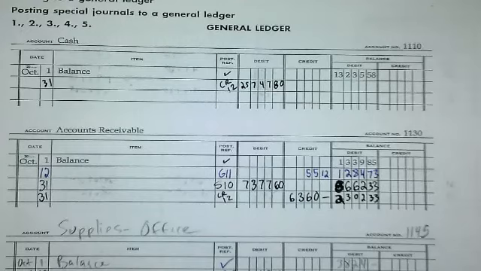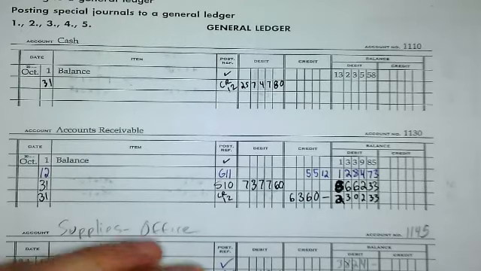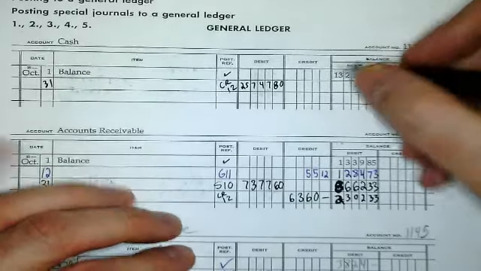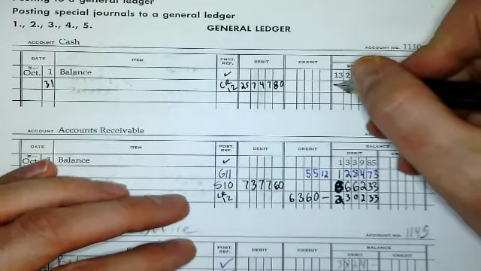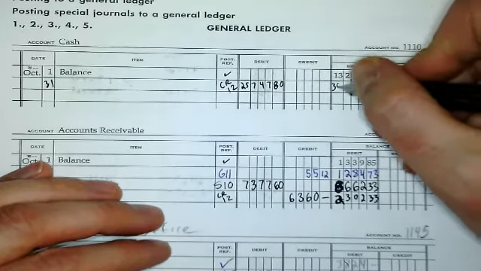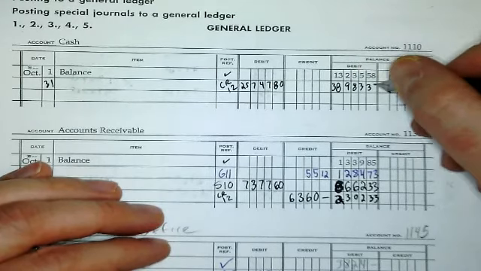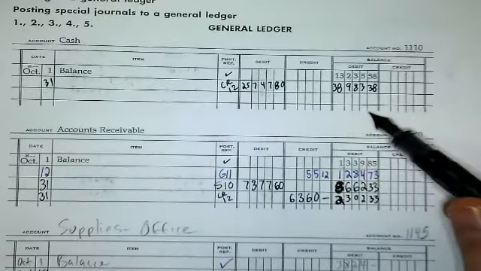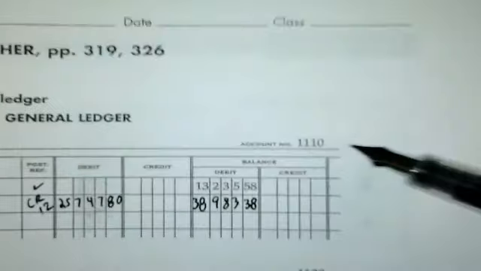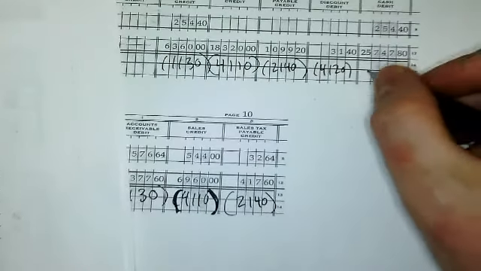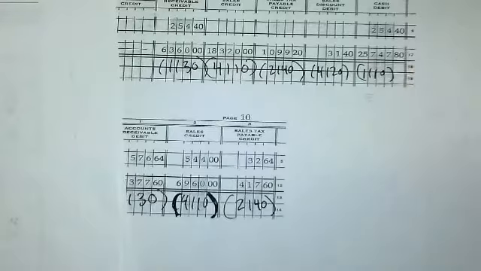When you add those up, you get 38,983.38. Then you post the ledger number right here, 1110. That is your cash debit.